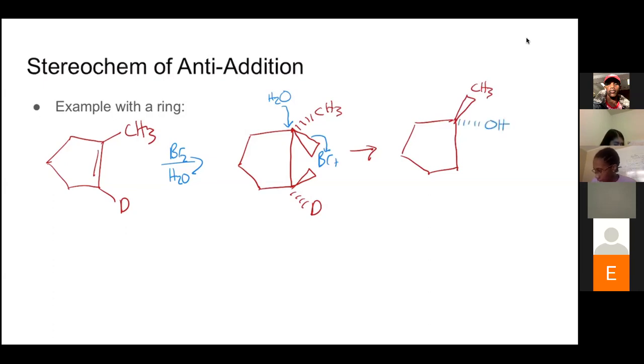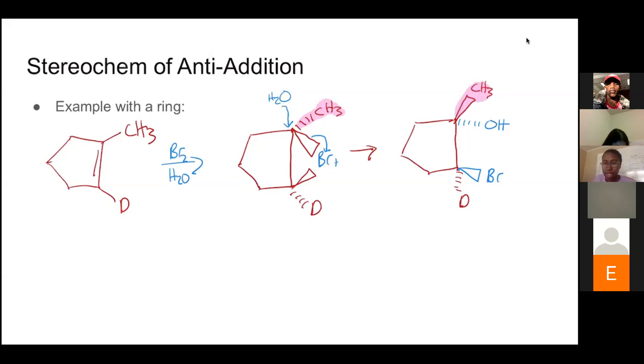In the interest of time, I won't show the deprotonation. The bromine is on a wedge, and the deuterium is on a dash. And you might be wondering, Sydney, what's the big deal? We've seen this reaction like several times already today. Well, before, the methyl group was on a dash, and here it switched to being on a wedge.